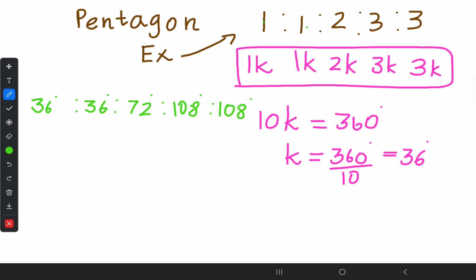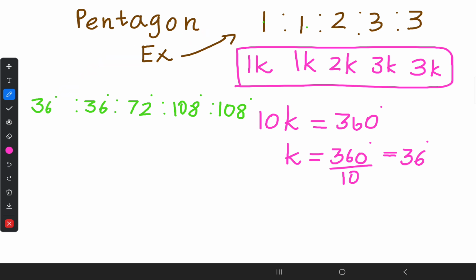What I did first: the pentagon's exterior angle ratio was given. I multiplied by a random variable to make them common values. Thereafter, when we add all these, we know that it definitely equals 360. From that, I found the value for the random variable k, which is 36.